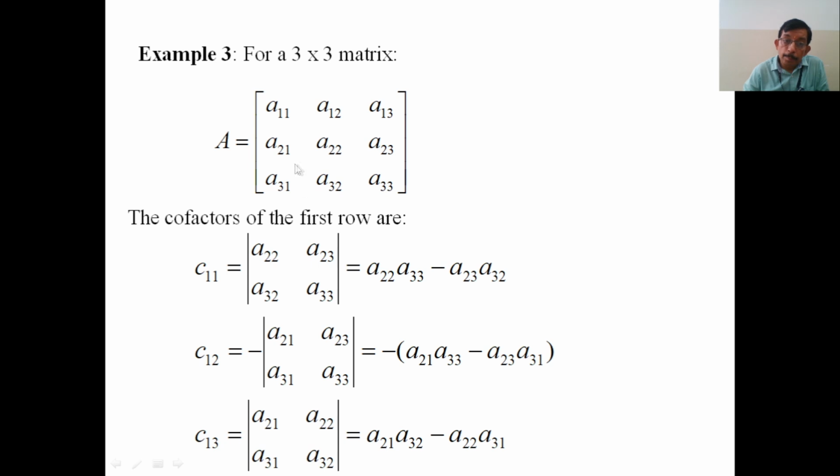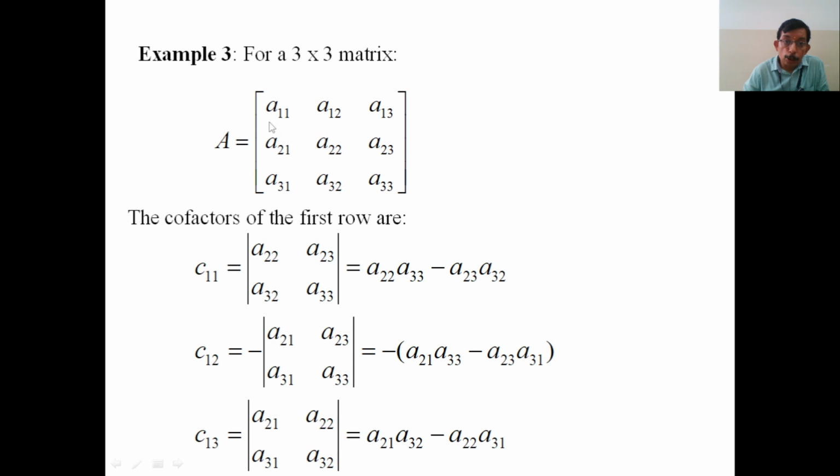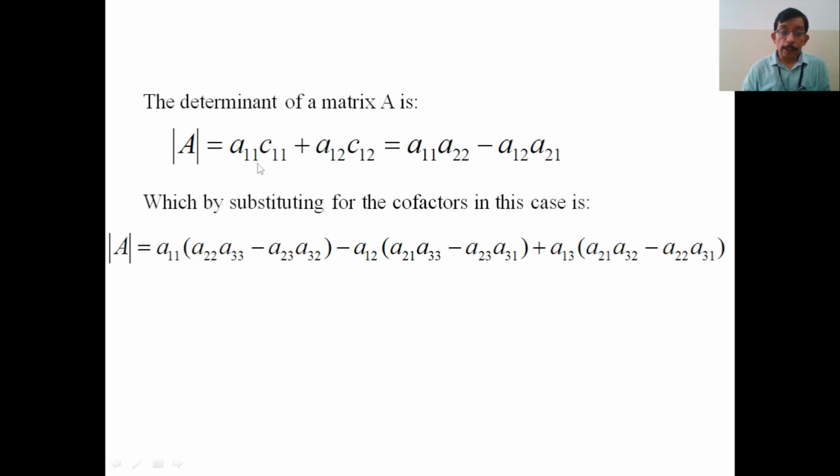After that we calculate the value of the determinant. A11 is the first element with its corresponding cofactor C11, plus A12, the second element, with its cofactor C12, plus A13, the last element of the row, with its cofactor C13. Then the sum of the products of the elements and their corresponding cofactors is the value of the determinant. It is clear, everyone?